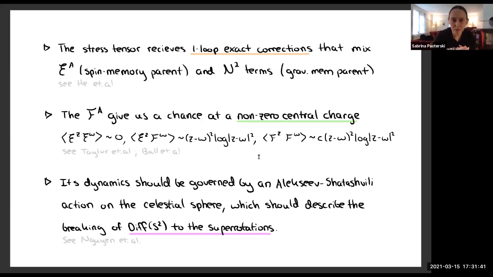So even formally, you can talk about the correlators between the Fs and the Es. The Es right now are the memory parents, and those would correspond to looking at multiple soft graviton limits in the typical case.